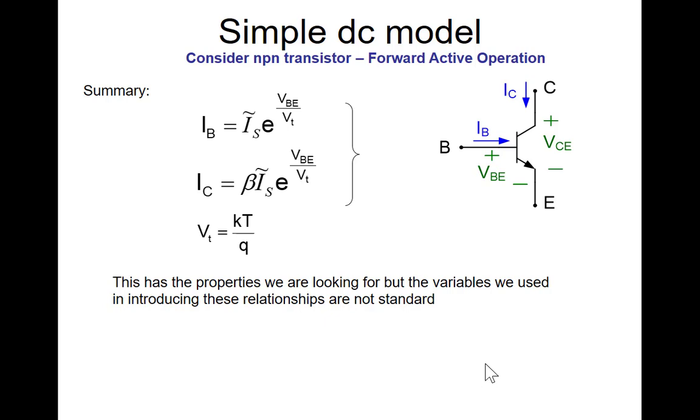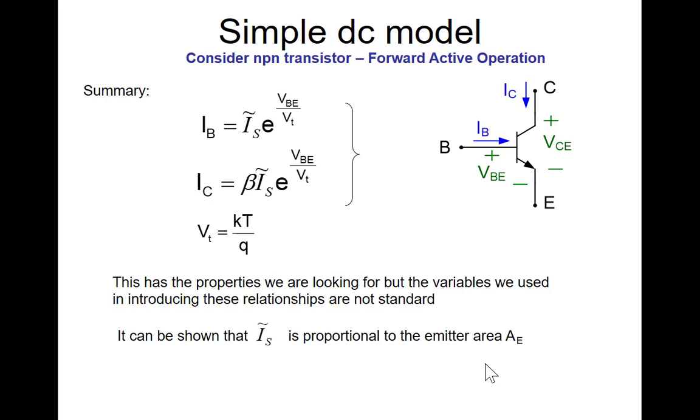If you look at this equation, beta appears here in the collector current expression. I could put beta in this expression and have a different coefficient and still have the same equations. I have a choice of where I put beta. I won't change the model. I just have a different way I can define parameters for that model.